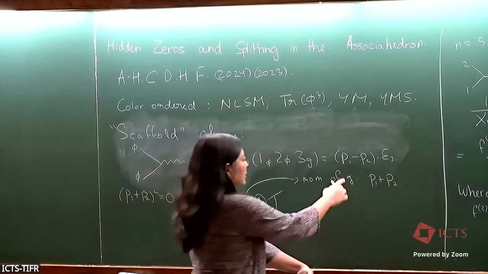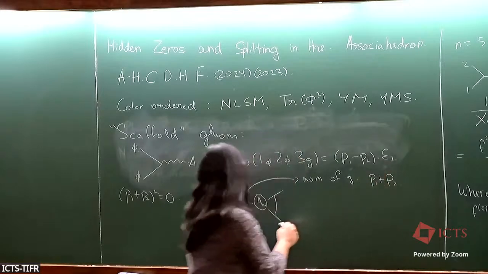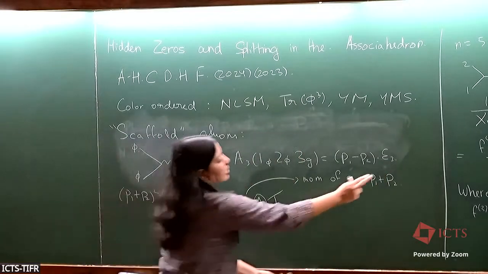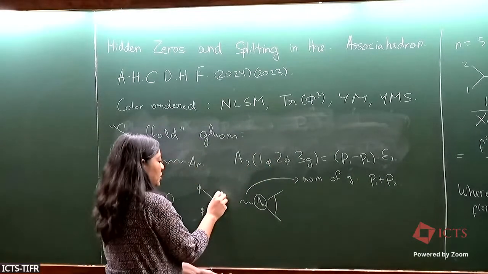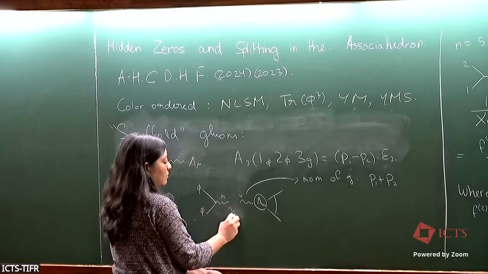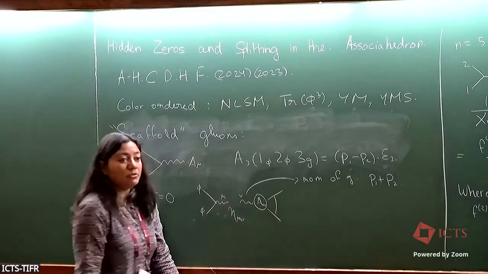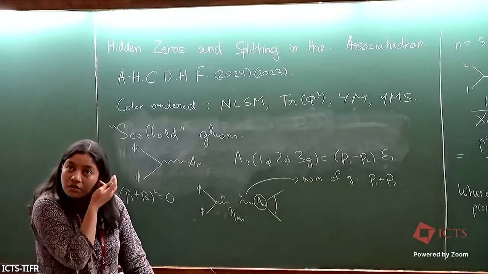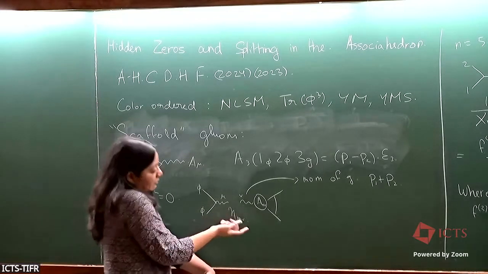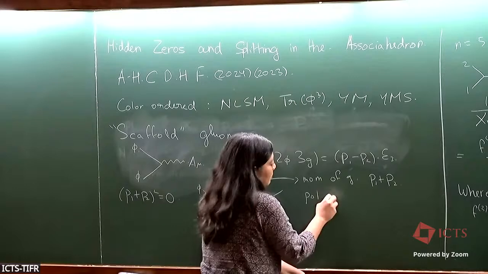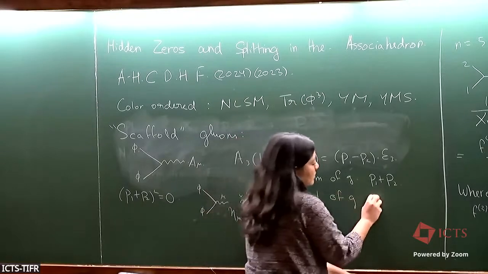So what am I doing here with my Feynman rule? I'm stripping off epsilon 3, putting a mu here, a nu here, and sandwiching an eta_{mu nu} here. So effectively I'm saying that the polarization of the gluon is P1 minus P2.